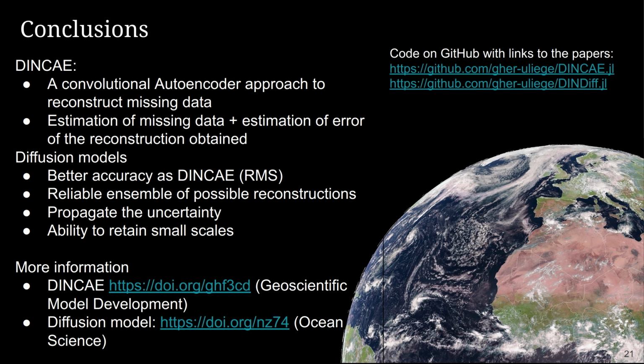So somebody who wants to use the satellite product later on, instead of using just the ensemble mean or just a single reconstruction, can have any other processing step operate on the different ensemble members, and then you naturally also get an uncertainty estimate of the output.